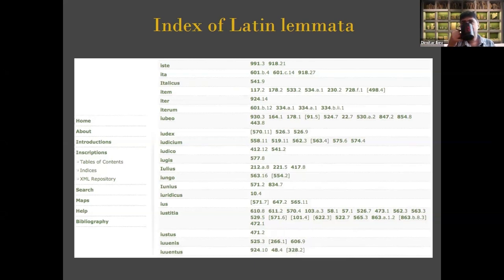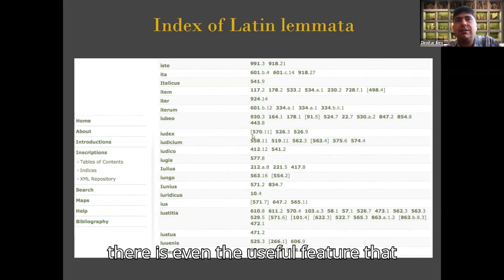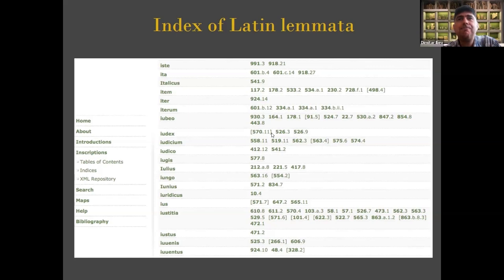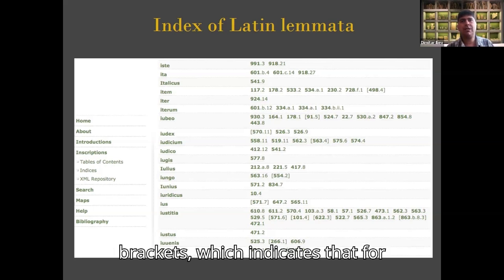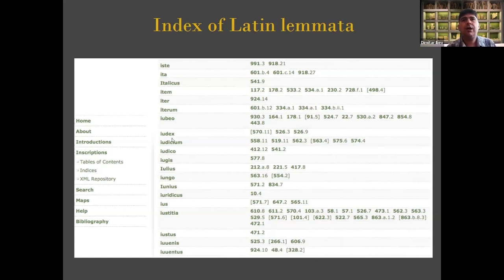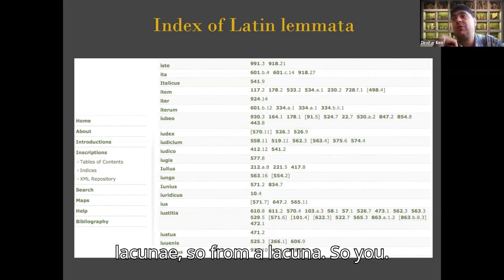As you see here in this word list, there's even the useful feature that words which are partly or wholly in a supplied part of the document appear in the word index in square brackets, which indicates that, for example, of the word IUDEX, we have 3 occurrences, but one of these occurrences, it is seen from the index already, is from a restored part of the text, from a lacuna.